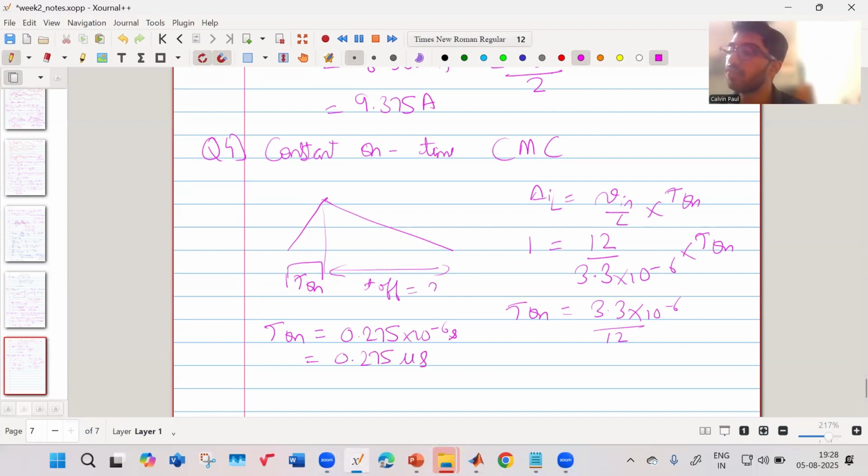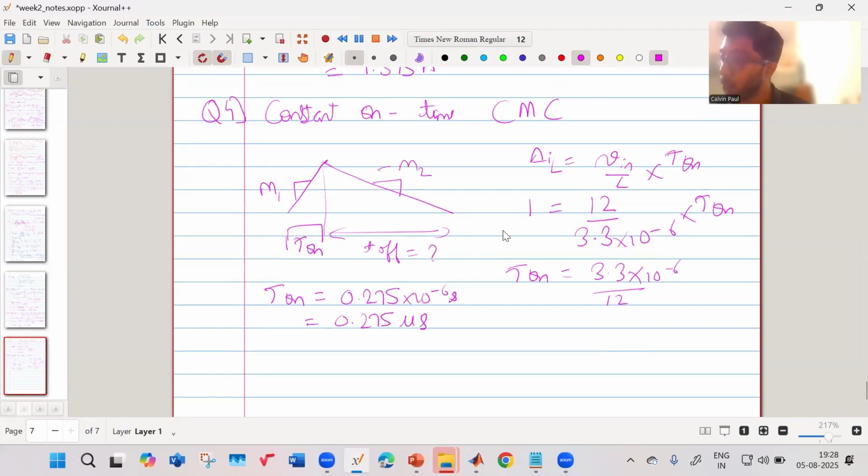But what is the T off in steady state? This is your M1. This is your minus M2. So what do we know is M1 into T on should be equal to M2 into T off. This has to be followed when it is in steady state.